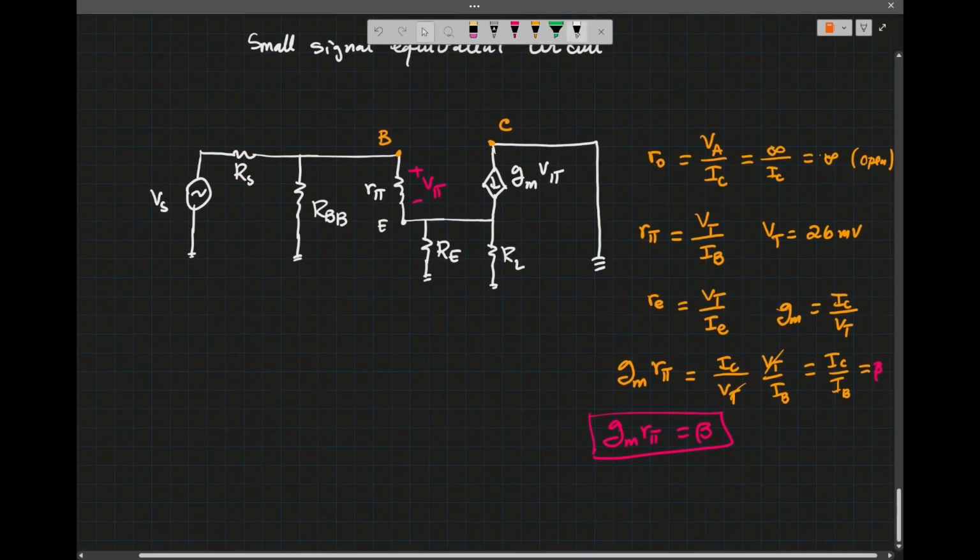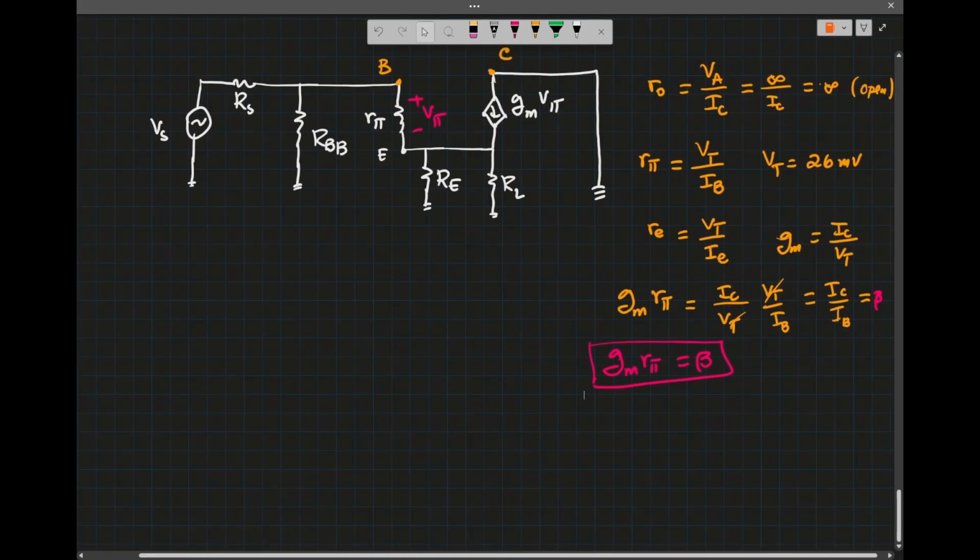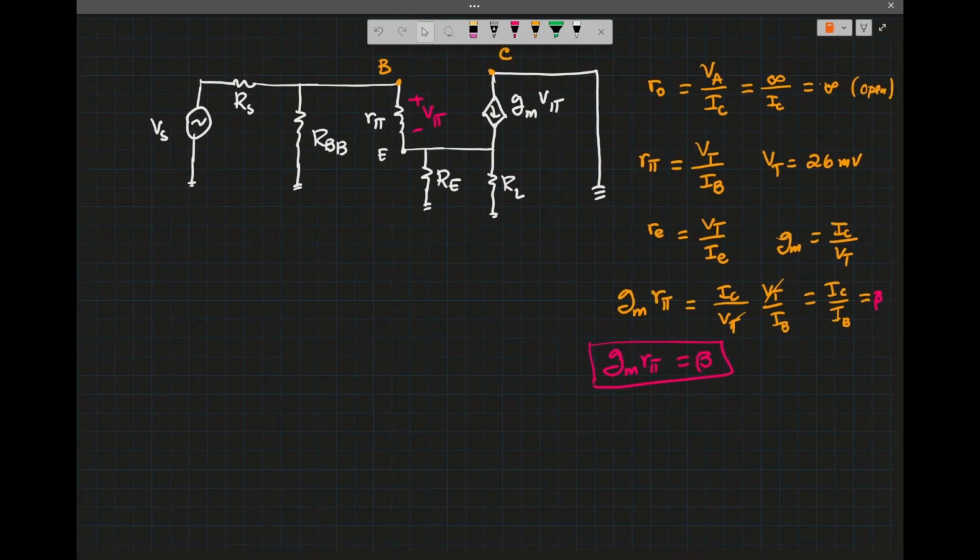Now, anytime you have this RE and the pi model, when you look at this network very closely, what you're going to notice is the voltage at the emitter, which is VE.